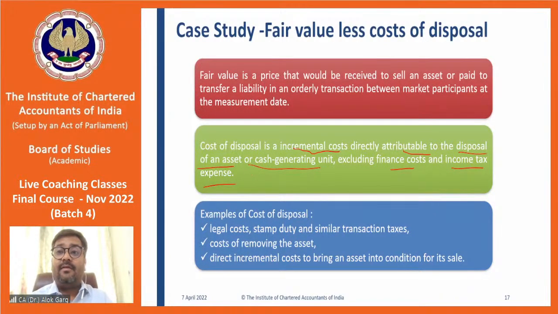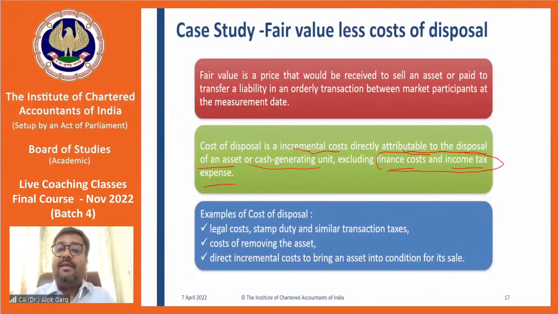And you are saying that, sir, the market price is 20 lakh rupees, but why are you taking 20 lakh rupees only? I will end up paying 4 lakh rupees of taxes as well. So in my hand only 16 lakh rupees will come. So should I reduce income tax expense also while calculating fair value less cost to sell? Answer is no. This cost of disposal excludes finance cost and income tax.